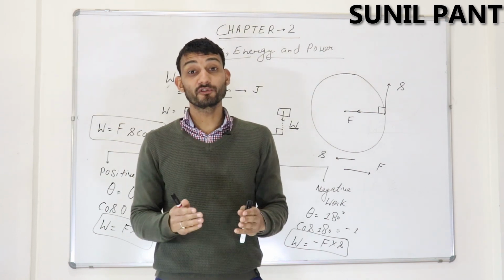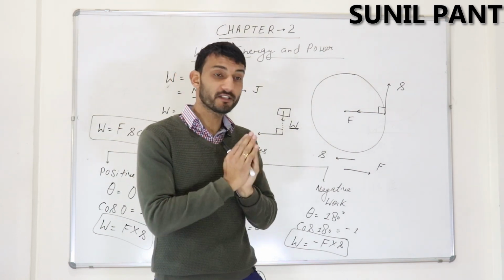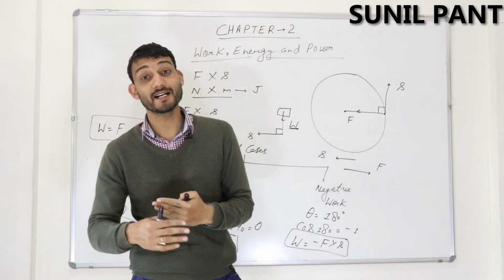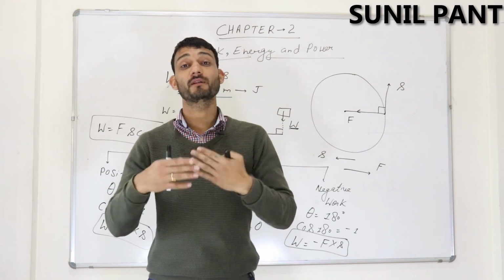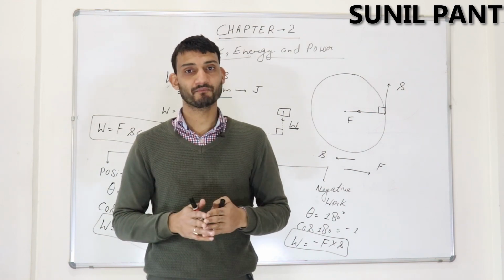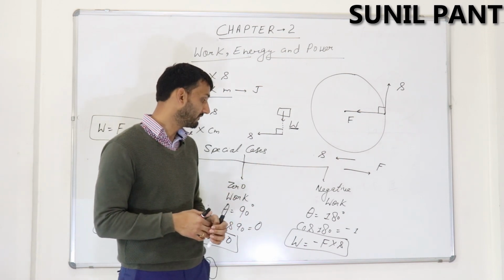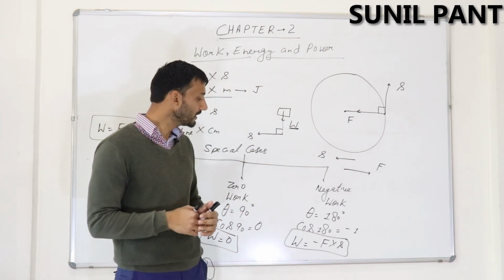So the external force or the resistive forces always do this negative work, because in that case the force applied is always to oppose the motion of the object. So this is how gravity and friction do the negative work.